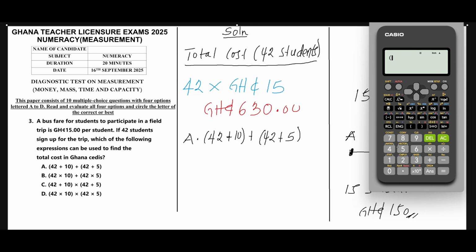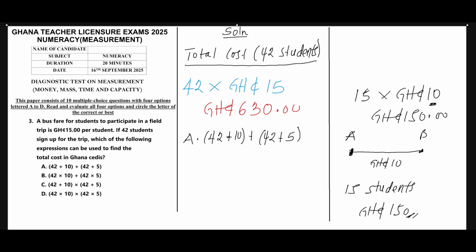We have open brackets 42 plus 10, plus 42 plus 5. So this is giving us 99 Ghana cedis. So that is the answer for option A.